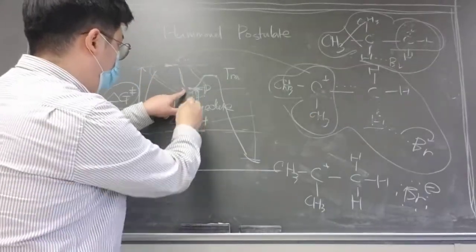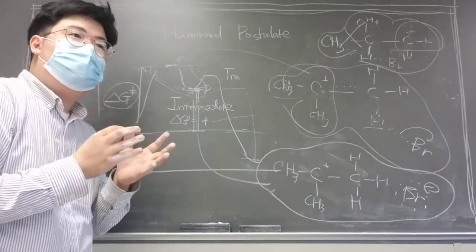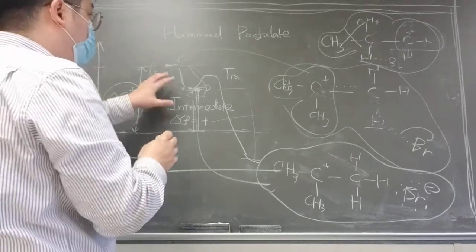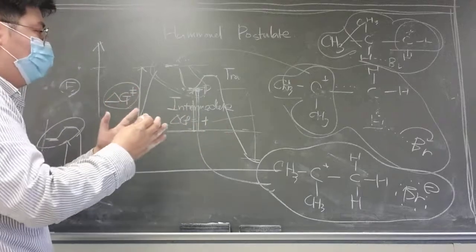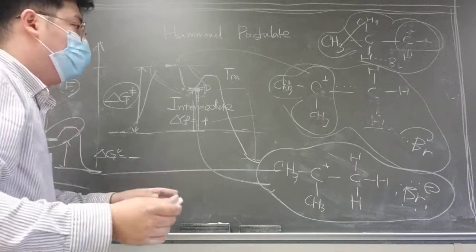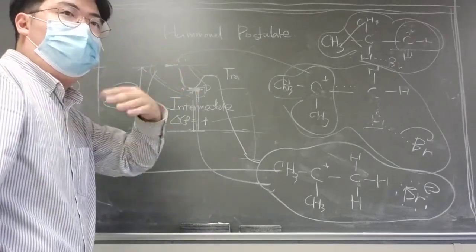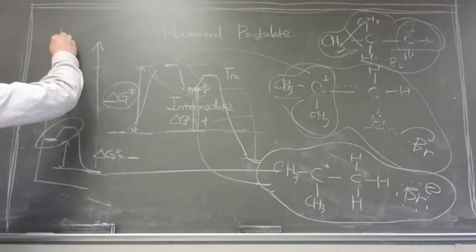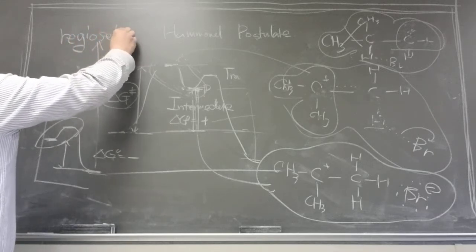Okay, so finally, this is somewhat intuitively related: the Markovnikov rule and the Hammond postulate somehow explain why the reaction happens selectively. If one specific product is more favored or chosen to be formed, we call this a regioselective reaction.